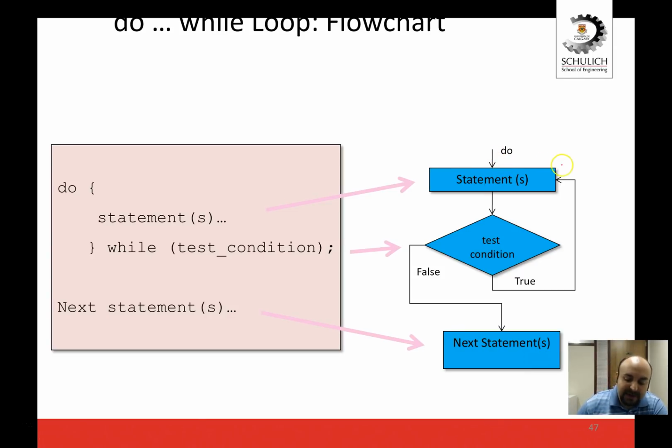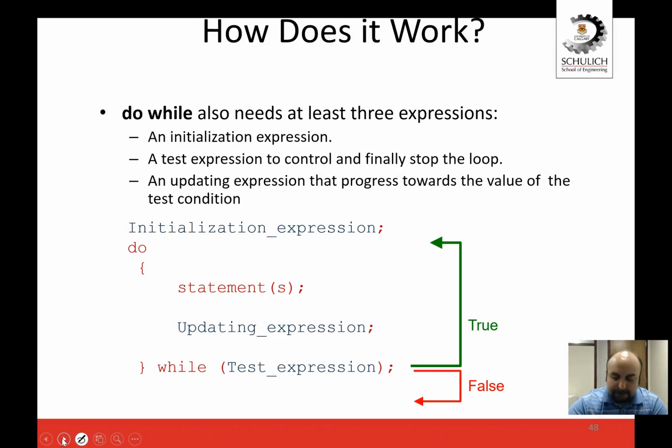This is do. This is basically the block, then the test condition. If the test condition is true, you go back up. If it's false, you drop out of the while loop. And here is basically the steps that I have said. The updating happens here typically, and here is the while expression.